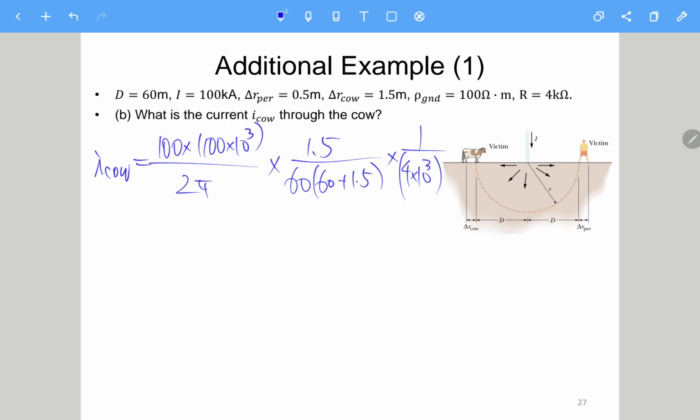So all the way the same, except this one and this one. So this is 0.1628. So I cow is roughly 3 times larger than that.